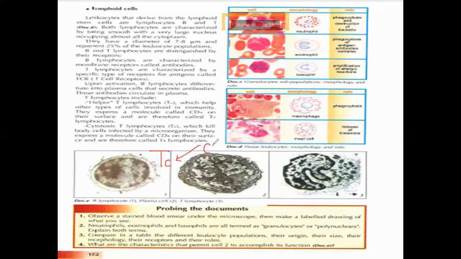This CD8 is found on the surface of T cytotoxic. That's why T cytotoxic are called T8 cells. Why? Because they have this molecule, CD8. So T helper are called T4 because they have CD4, and T cytotoxic or T killers are called T8 because they have the CD8 molecule.